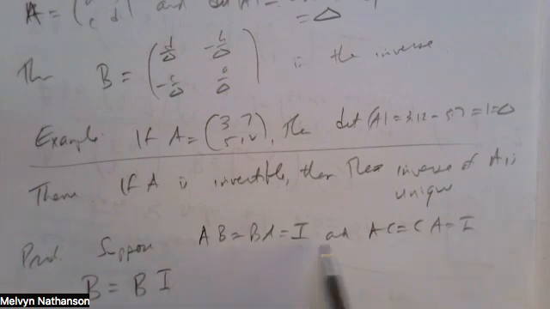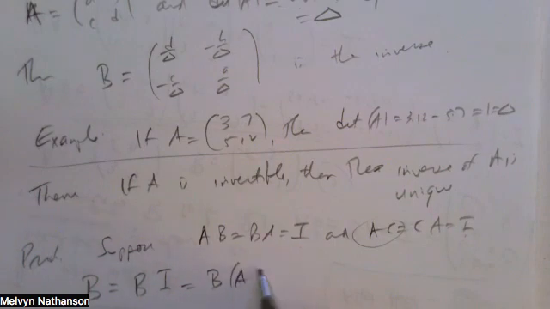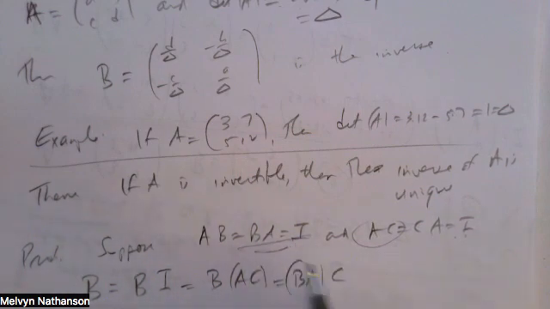But I can write the identity as A times C. This is B times AC, because AC equals the identity. But because matrix multiplication is associative, this is the same as BA times C. And BA is equal to the identity, and the identity times C is C. So B equals C.